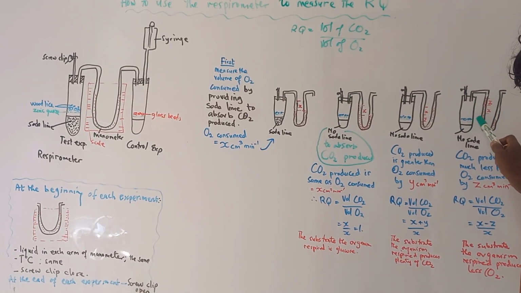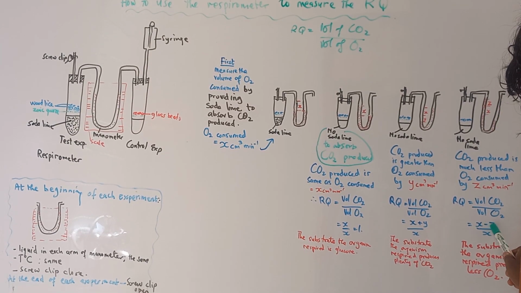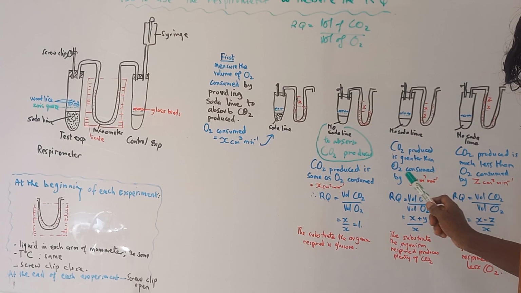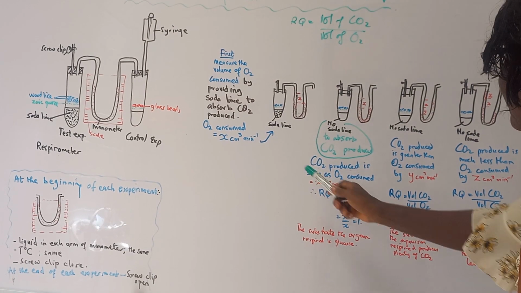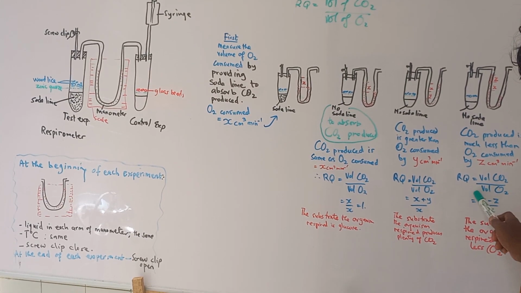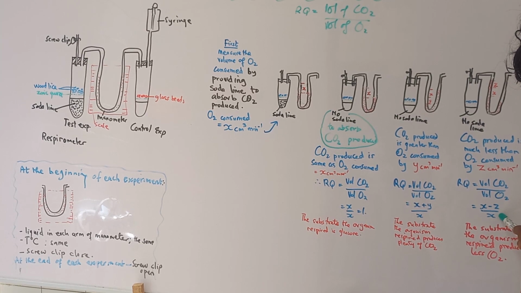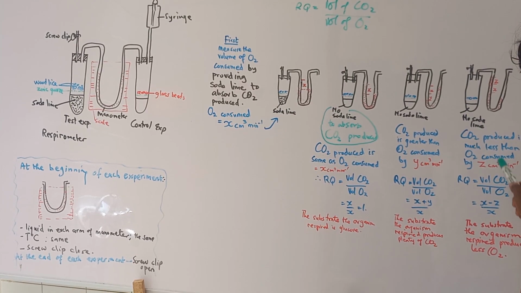And so here the amount of carbon dioxide is X minus Z. And as we know, the amount of oxygen consumed is always the same here. So this is how we will find the RQ in this situation too, when the substrate being respired produces less carbon dioxide.